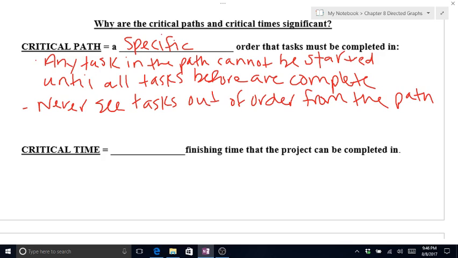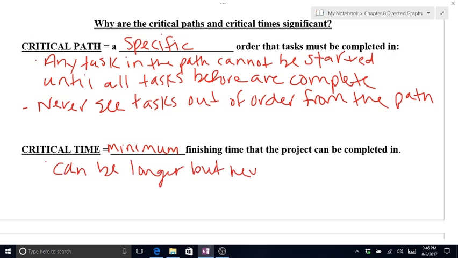Your critical time then is your minimum finishing time that the project can be completed in. It can be longer but never shorter.